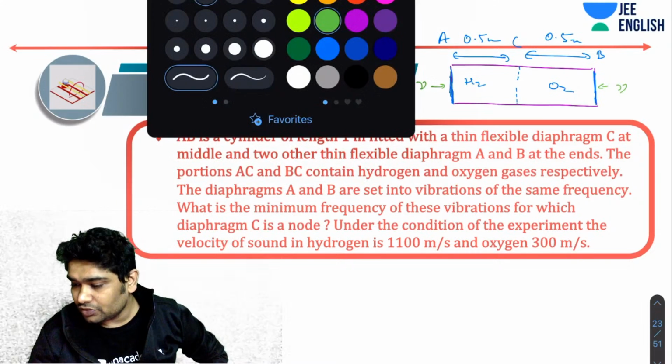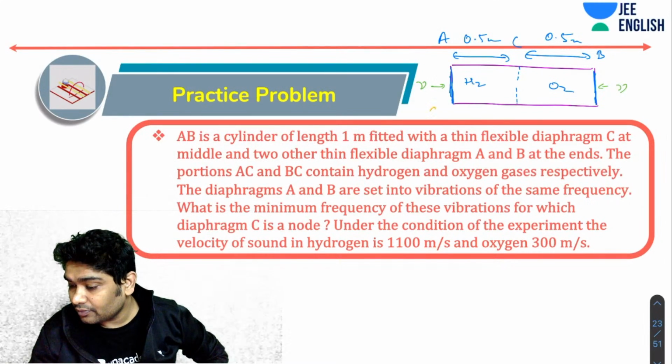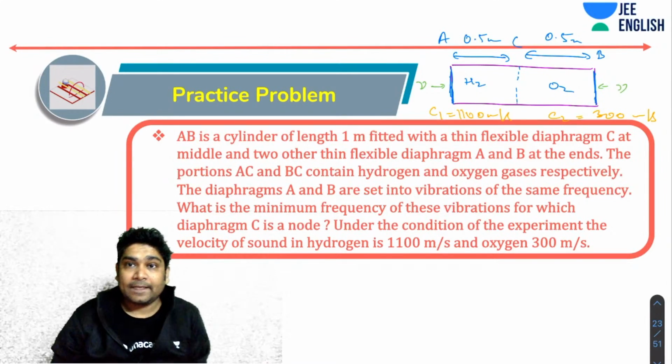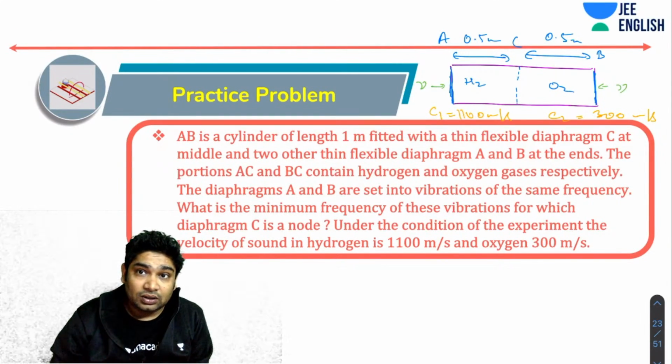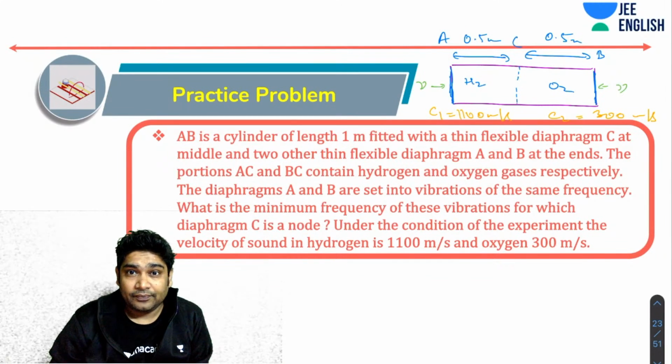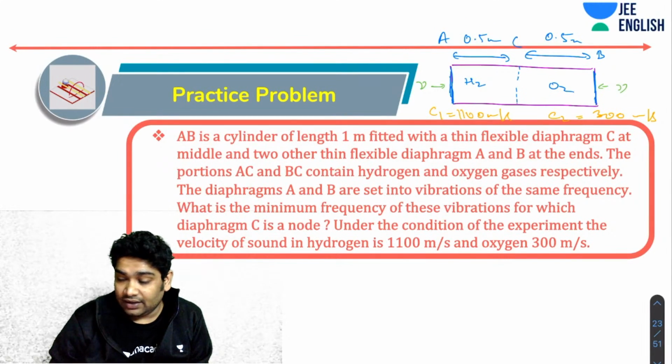Try this. The speed here is 1100 per second, here is 300. Both are open pipes, but they do have diaphragms. They can form a node there.